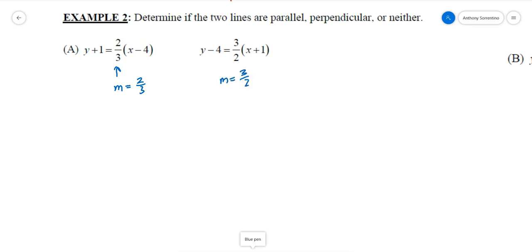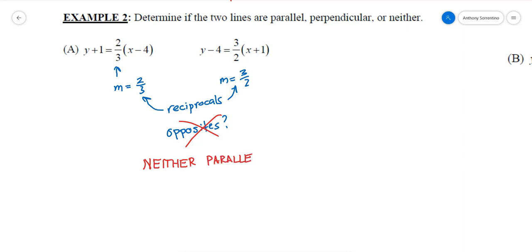These are both written in point slope form, which means I can figure out what the slope is very easily just by looking at the number in front of the parenthesis on the x side of things. They're not the same, so they're not parallel. They're reciprocals, but they're not opposites. So that being the case, they're neither. So remember, you're looking for both things to happen, opposite and reciprocal, not one or the other.